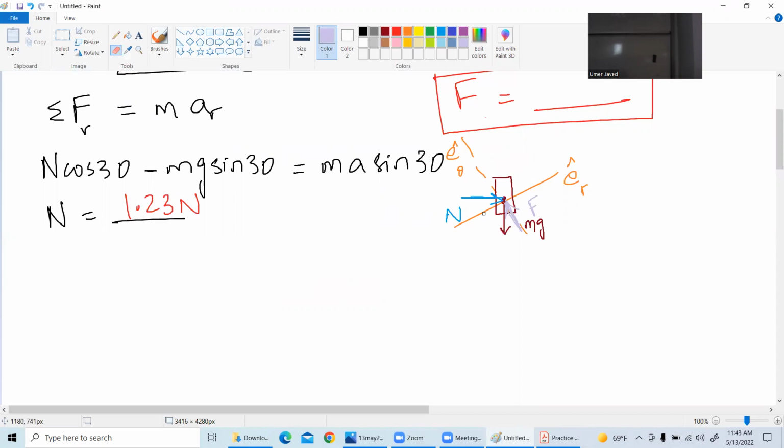In order for me to calculate AR and A theta, I need to know the other quantities. So that's why I first found the VR, the V theta, the A, AR, and everything. Anyways, you will look into the solution yourself and ask me any further questions.